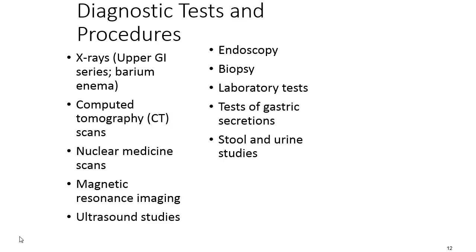And we numb the back of their throat so that the physician or the healthcare provider can pass the lighted tube down to the stomach and small intestines and see if there's any areas of bleeding, any tumors, that type of thing. The endoscopy can be diagnostic.